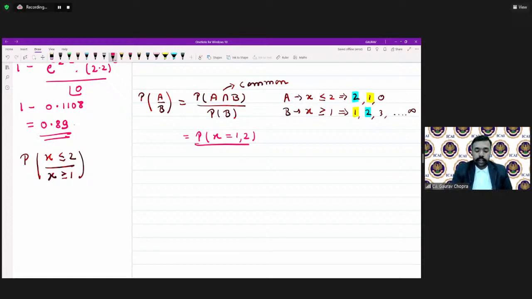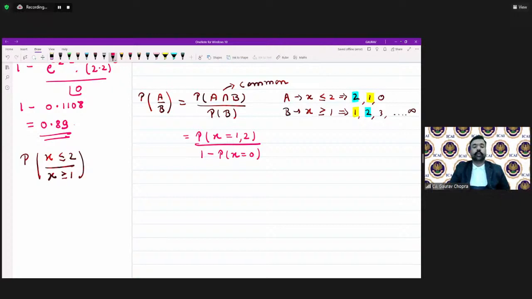Divided by the probability of B. That means, what is B? X is greater than or equal to 1. And whenever it is greater than or equal to 1, we can also write it as 1 minus none. So we can solve it as 1 minus the probability of none, that is x equal to 0.